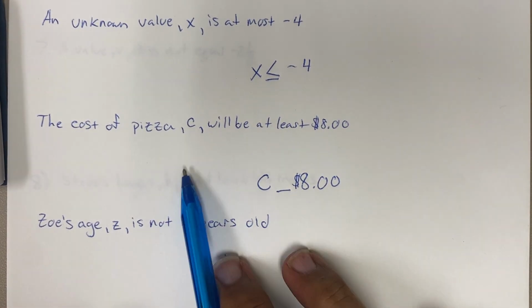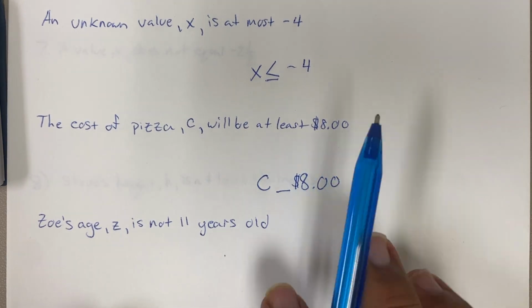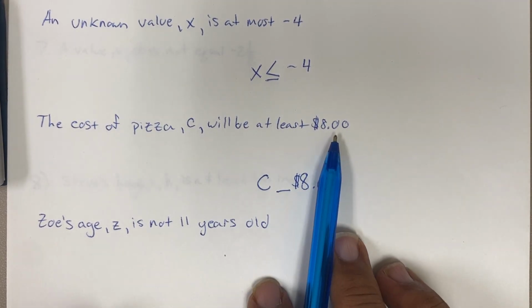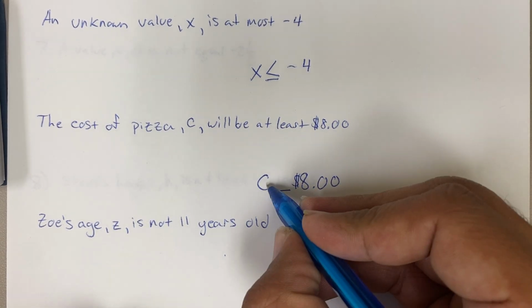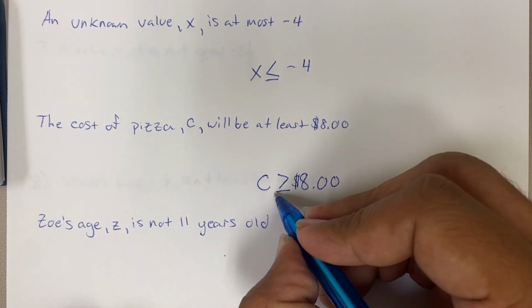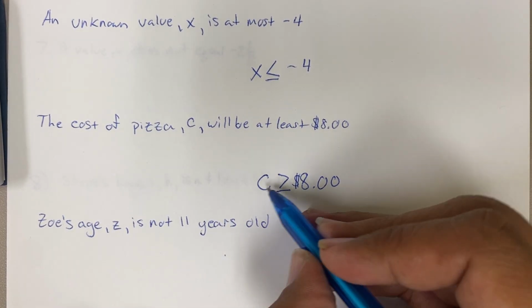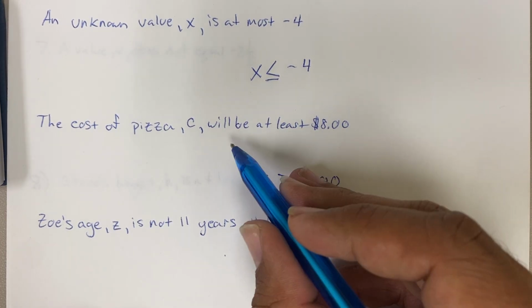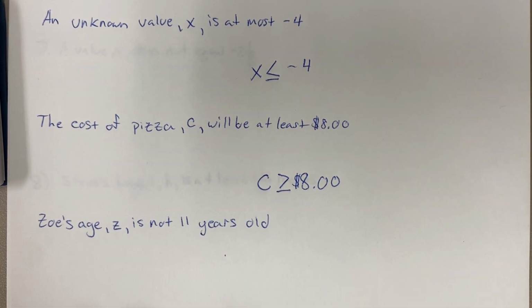You haven't been in a while, maybe the prices went up. So the cost of the pizza is going to be greater than or equal to $8. You owe me at least $8, which means you better give me $8 or more.